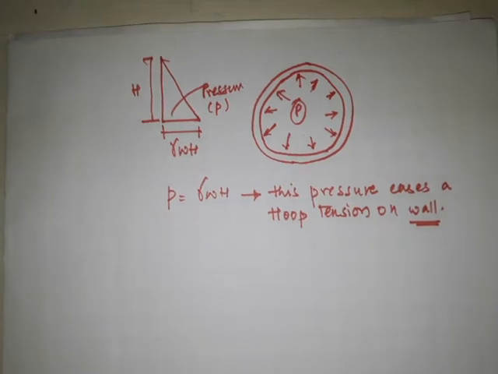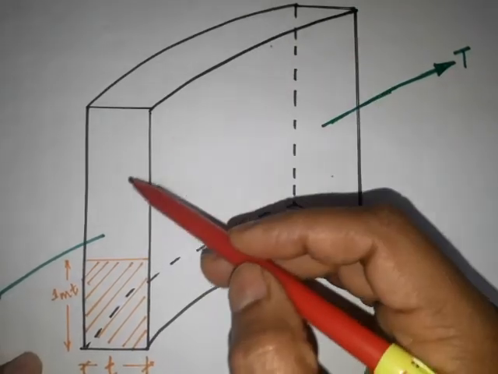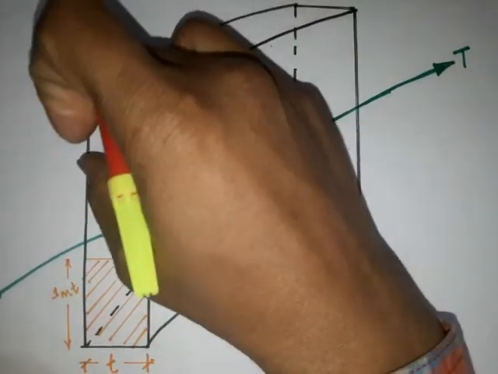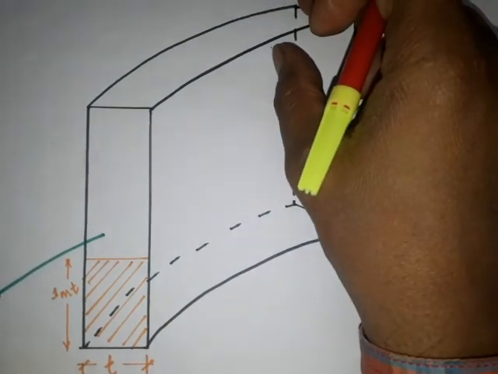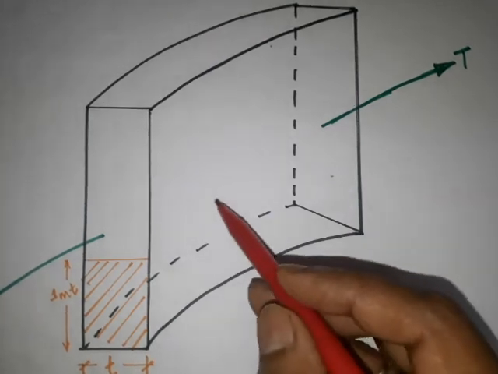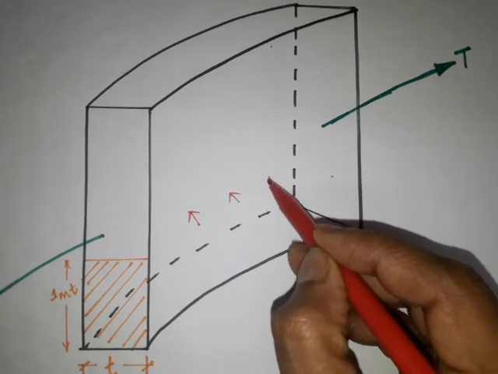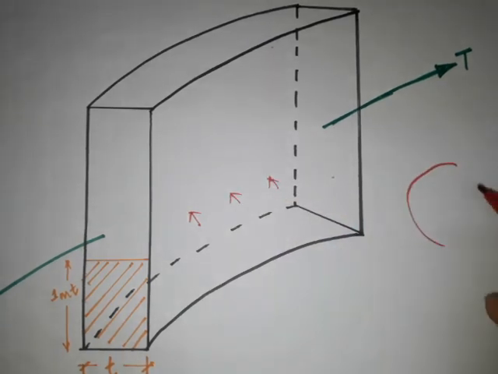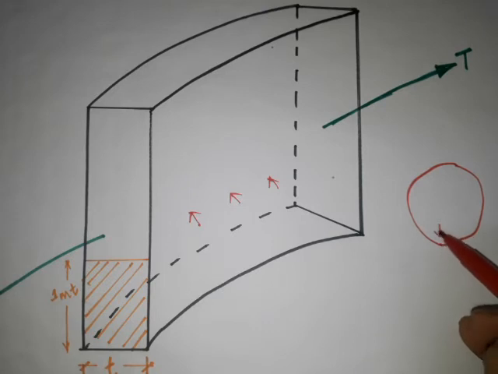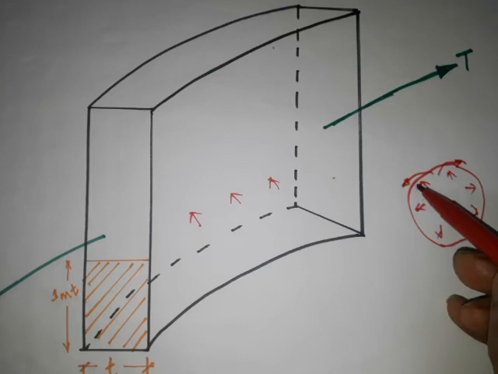For example, we have this small element of a circular water tank. You can see it is a circular water tank and this is a small piece of wall. When the water tries to pressurize the wall, as I told you, along the periphery, the pressure will be like this along the periphery of the wall.